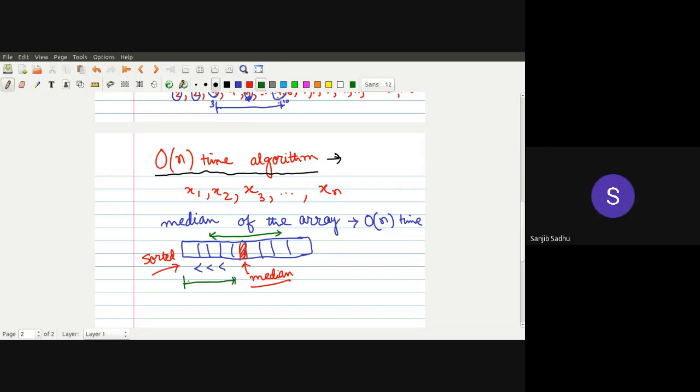So what does it indicate? That you find the median first. Clear? Now you find the median of the array, and then you count how many times that median element has occurred in the array. You count the frequency of the median.